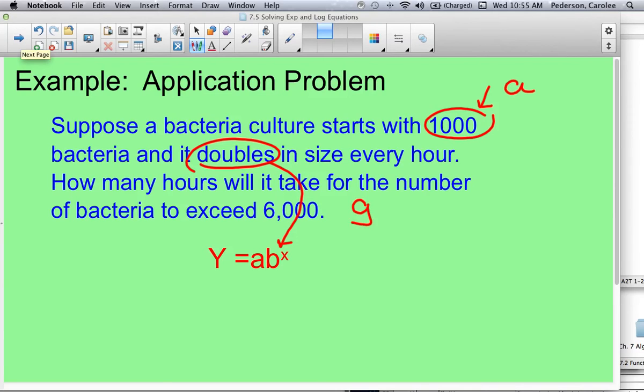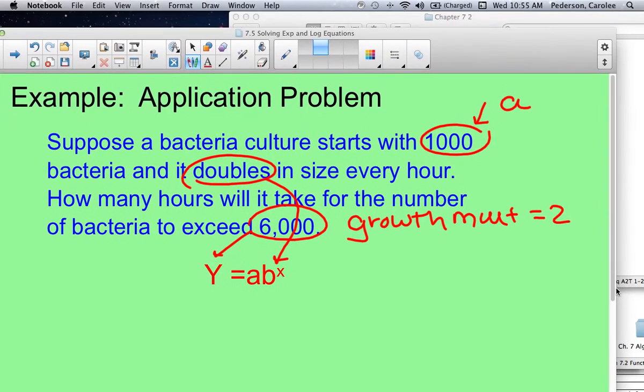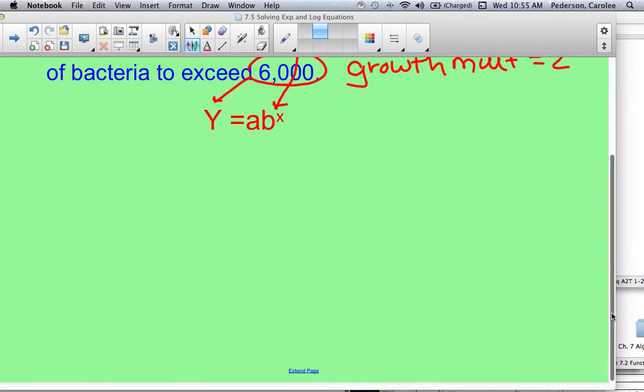So my growth rate multiplier is doubling. So that is 2. Then it says, how many hours will it take for the bacteria to exceed 6,000? So that is my end amount. So I'm going to go ahead and set up an equation and solve for the time.